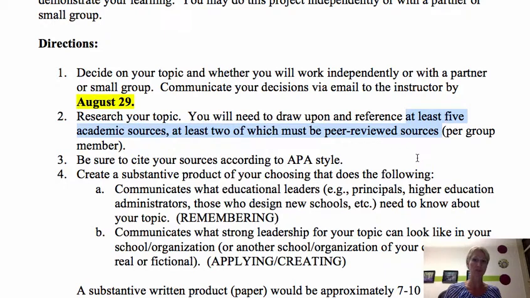So if you're not familiar with that term, peer-reviewed sources are usually academic journal articles, though they could be chapter articles in a book, that have been evaluated by other experts in the field. And those experts have essentially validated the trustworthiness and the quality of that article or whatever type of writing it is. Usually it's an article, could be a chapter in a book.